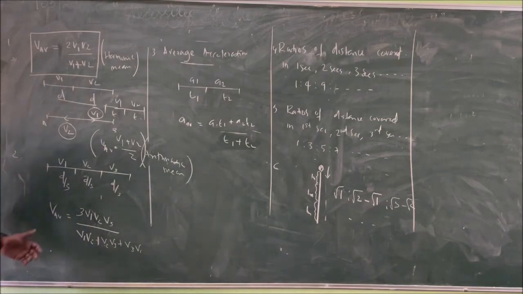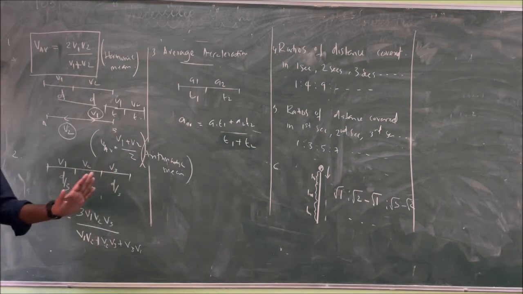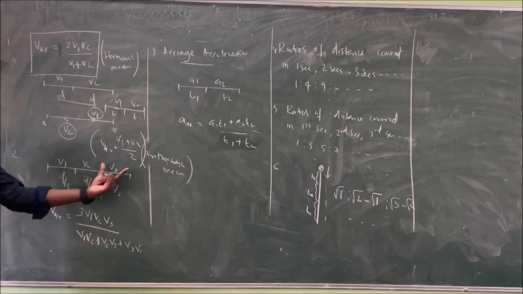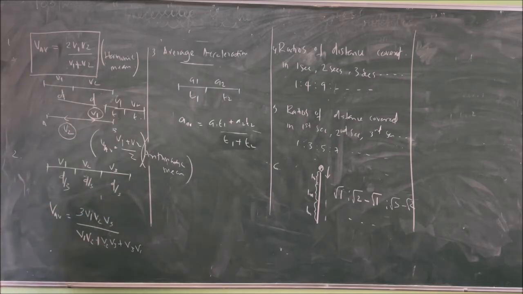Next step. Suppose three intervals are there, so v1 in the first one-third distance, v2 in the second one-third distance, v3 in the third one-third distance.